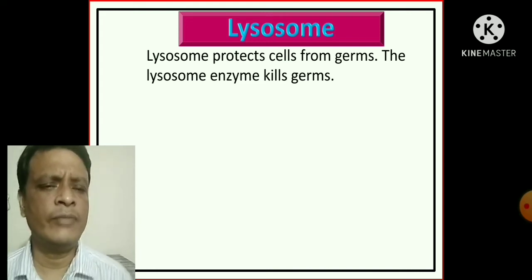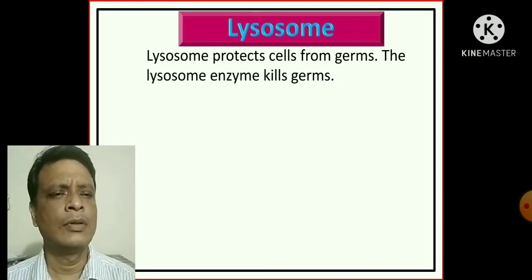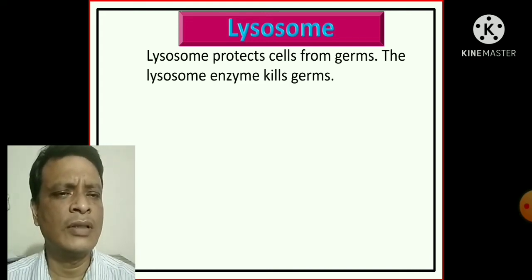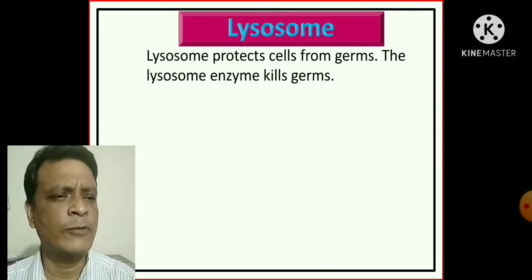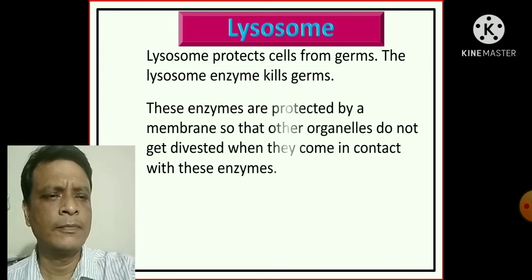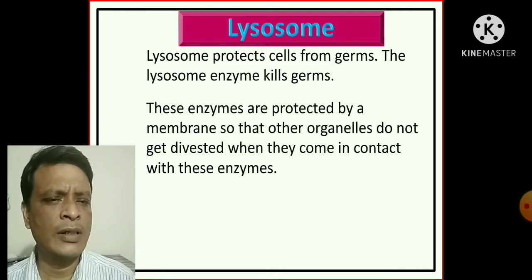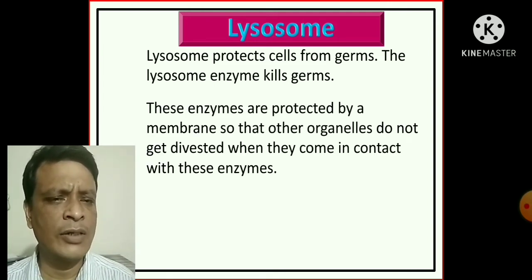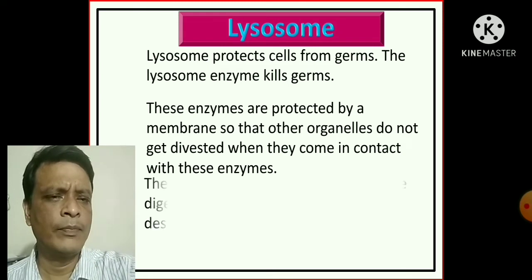Now, another very important membrane-bound cell organelle, which is called the lysosome. Lysosome protects the cells from germs. The lysosome enzymes kill germs. These enzymes are protected by a membrane so that other organelles do not get digested when they come in contact with this enzyme.